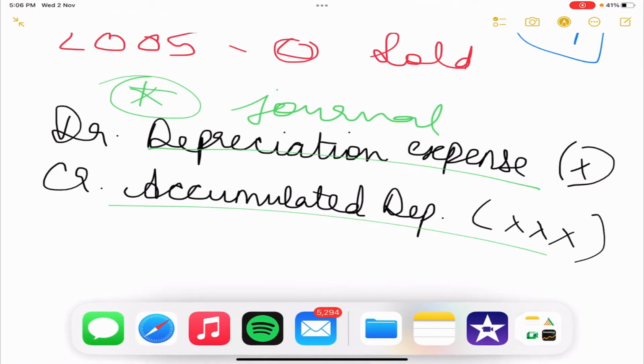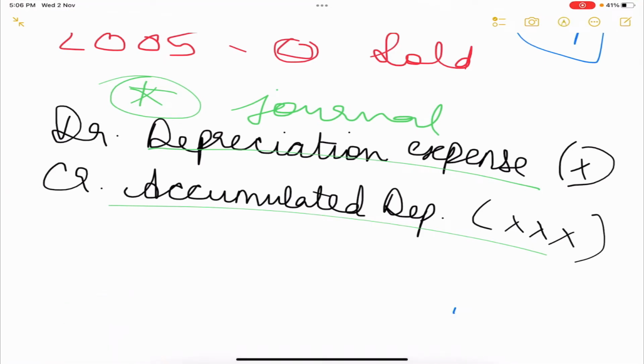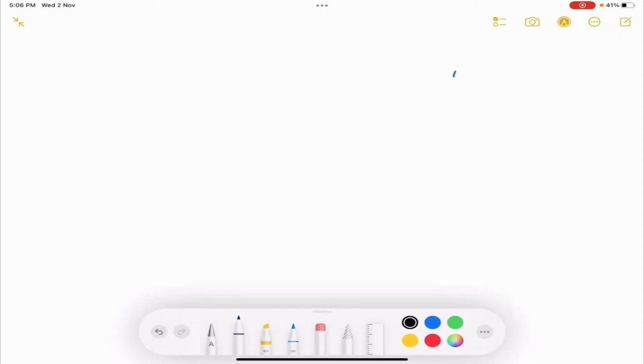Okay, now there's one more concept you need to learn before we start with the question, and now let me tell you what that is. Sometimes what happens is, let's say that I have an asset, and my financial year is 1st Jan to 31st December.